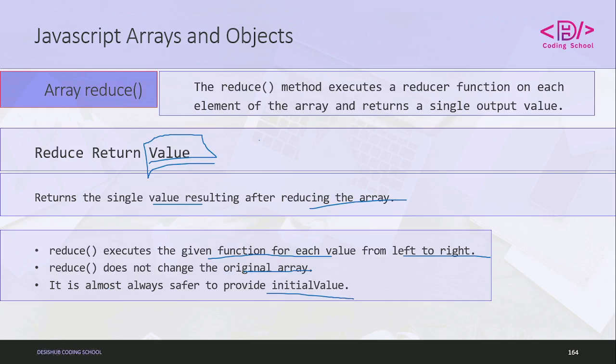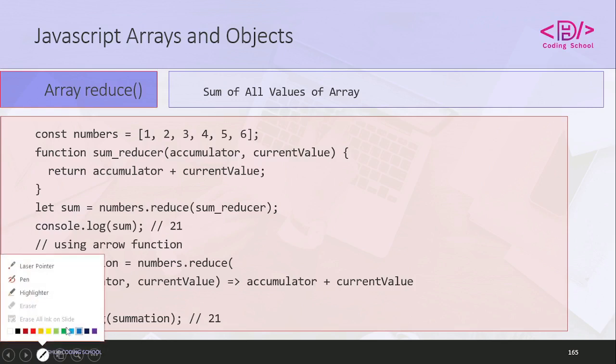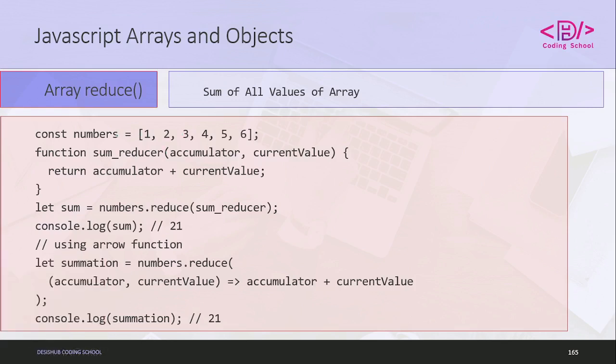So we can go ahead and look at some examples. In this example, we have an array of numbers, and we want to sum all these numbers in the array. That is our intention: 1 plus 2 plus 3 plus 4 plus 5 plus 6, and we get the total sum. As we said, it takes in a function, so you can do this function outside.